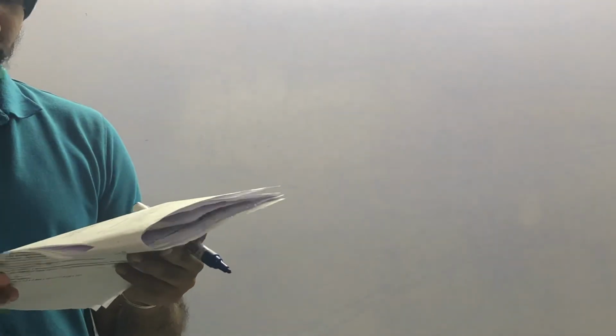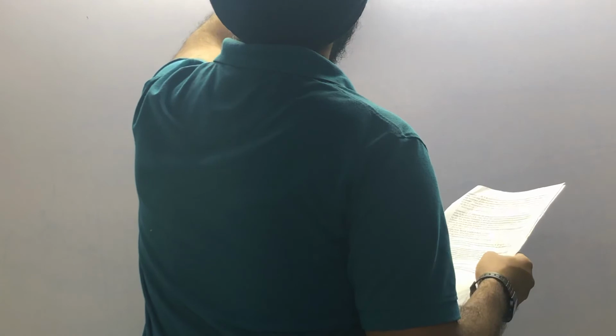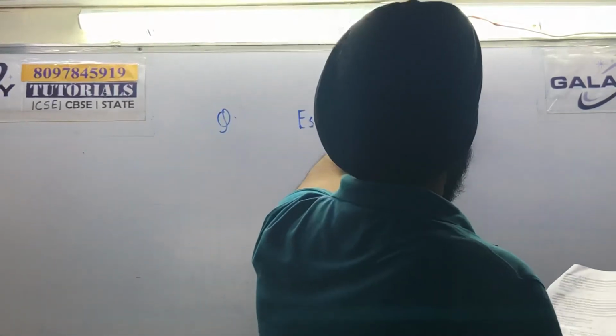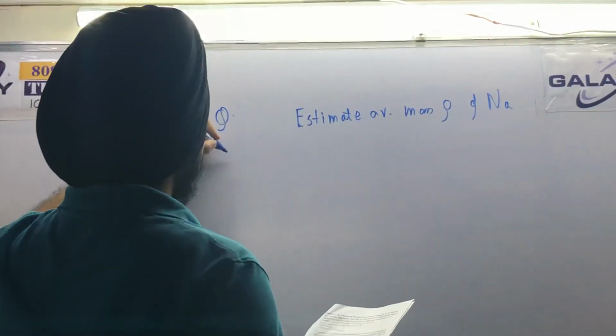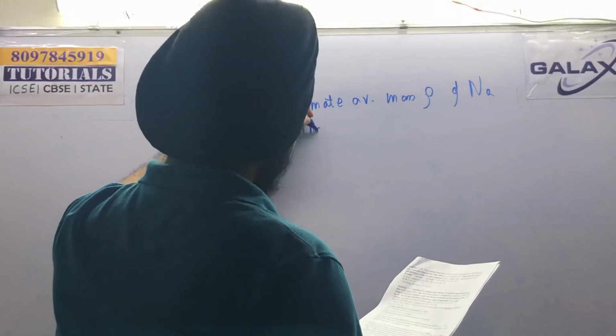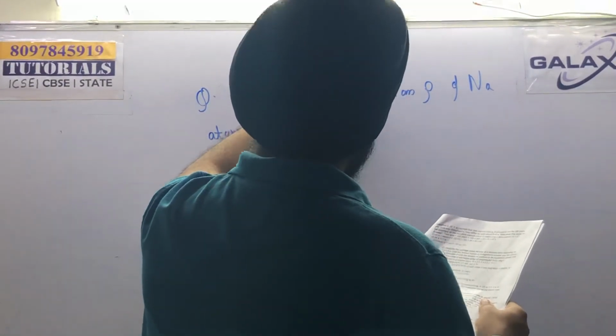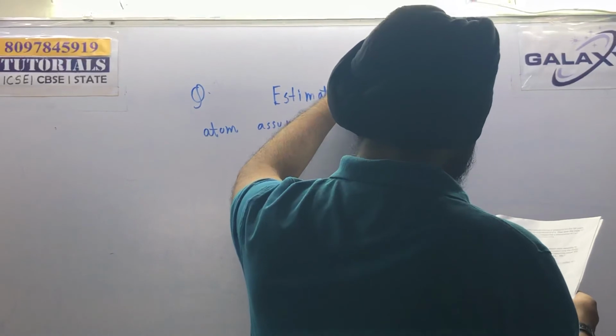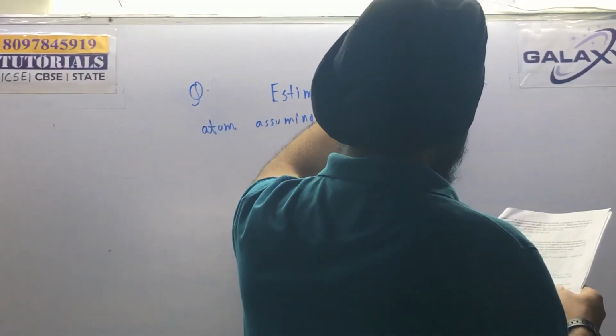Question is: estimate the average mass density of a sodium atom, assuming its size is equal to 2.5 angstrom.